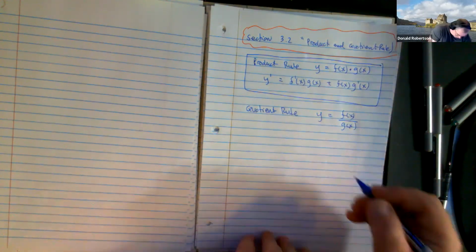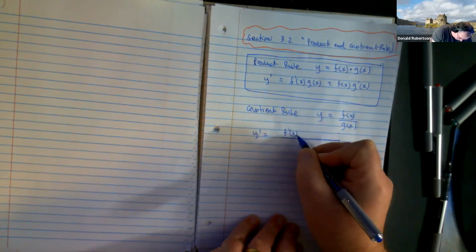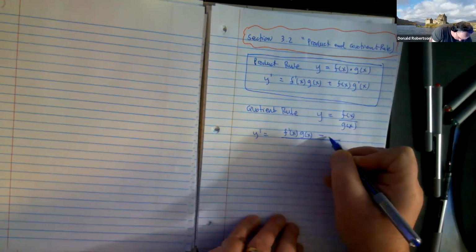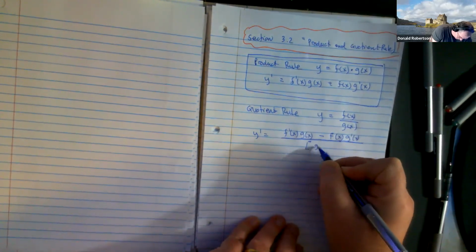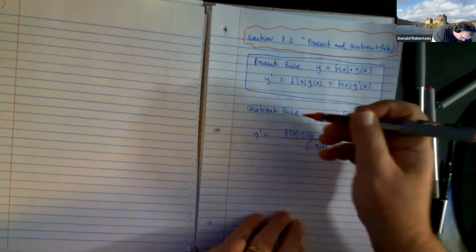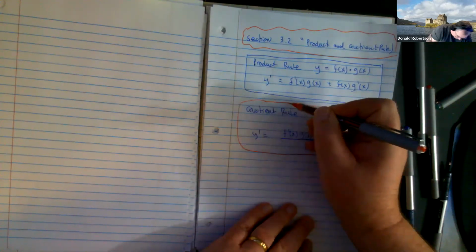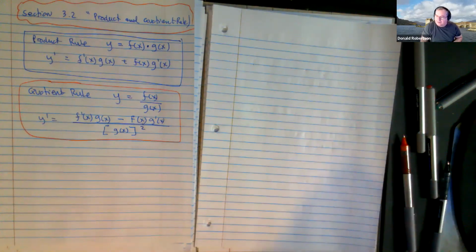Now, for the quotient rule, the derivative is a fraction. It's f dashed g take away f g dashed, all divided by g of x squared. Again, we'll make no attempt to prove that it works. You're just going to trust me that it does.